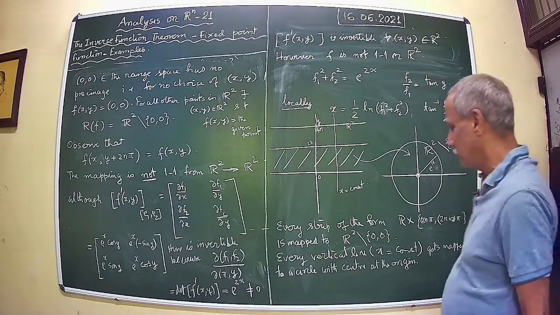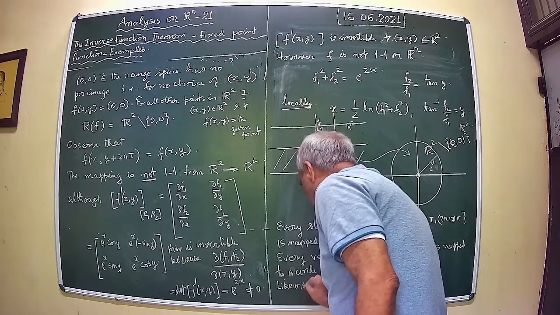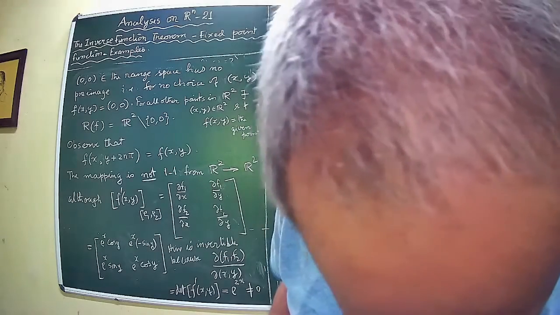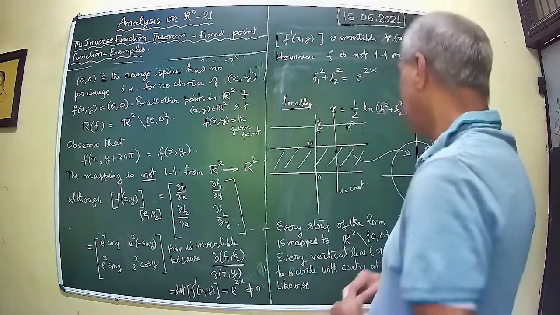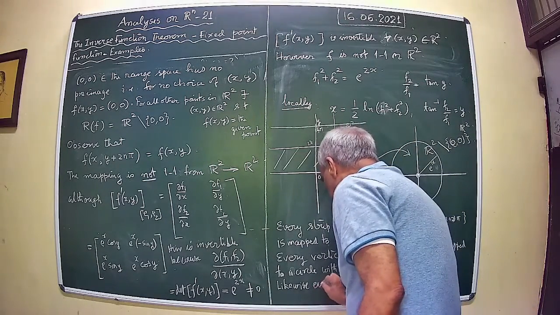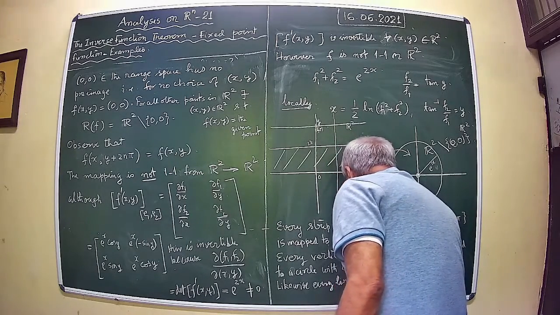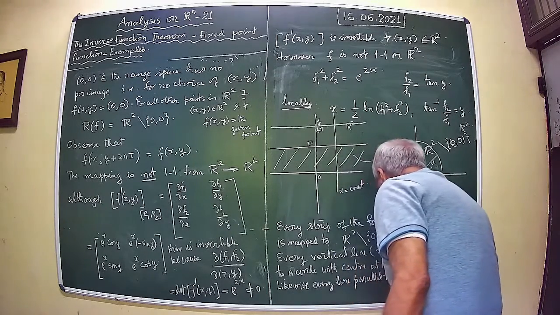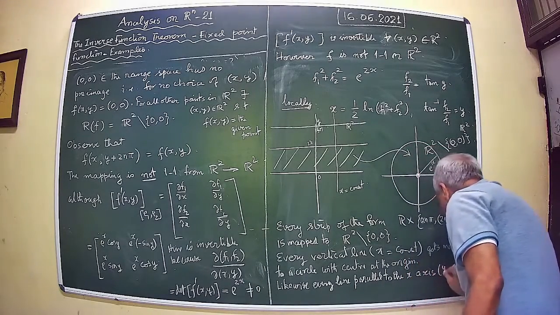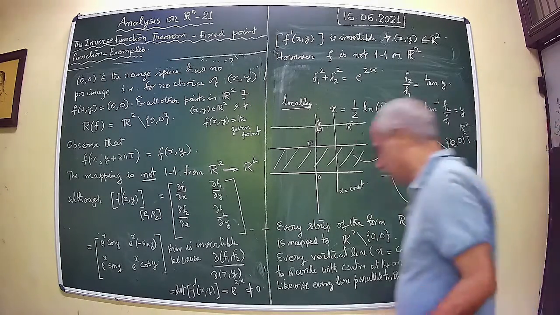Now this is the map. Likewise, every line parallel to the x-axis, that is y equal to constant, is a radial line.